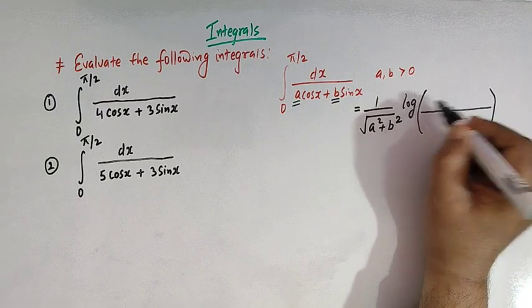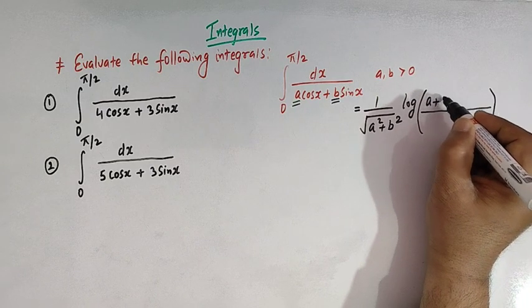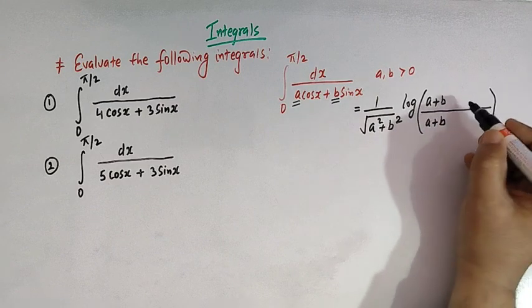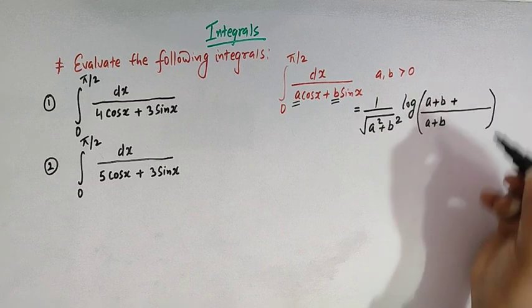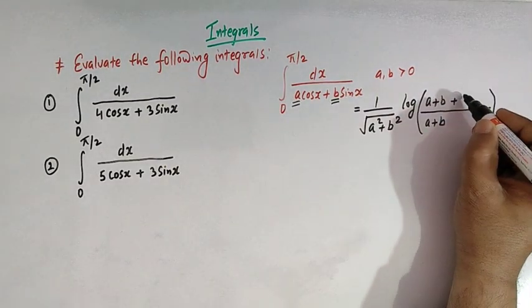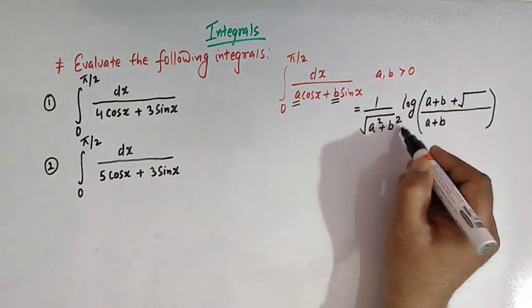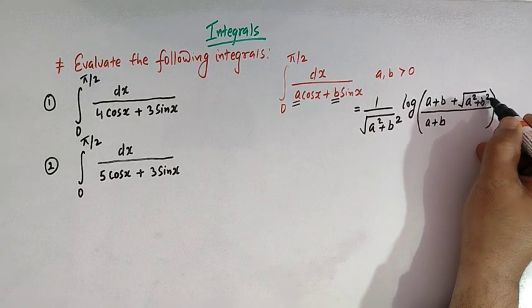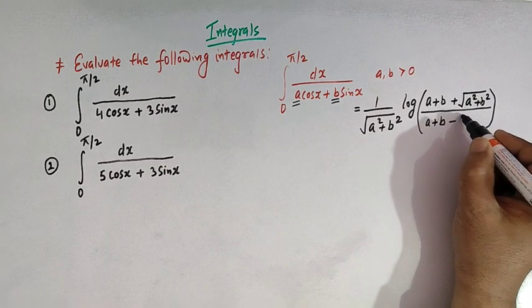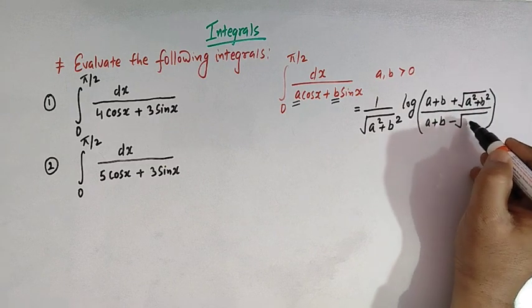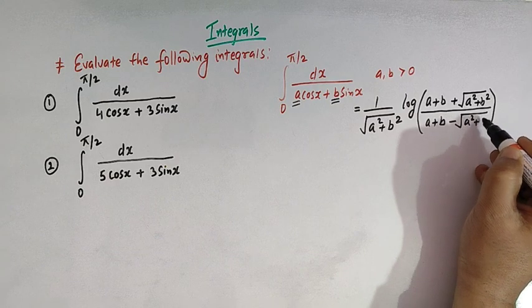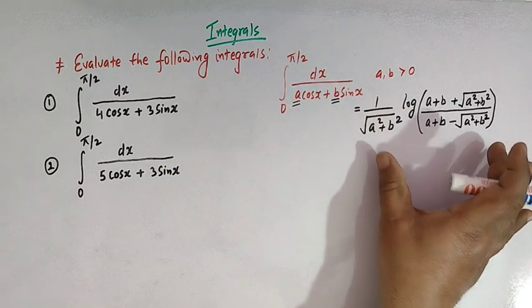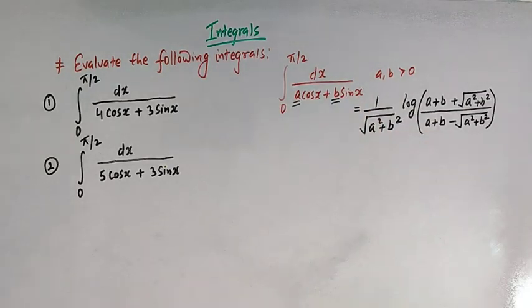The numerator is a plus b plus square root of a square plus b square, and the denominator is a plus b minus square root of a square plus b square. So the value of this integral is given by this expression.